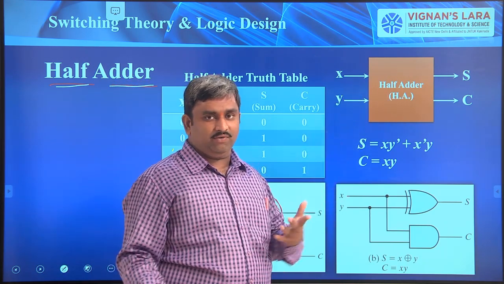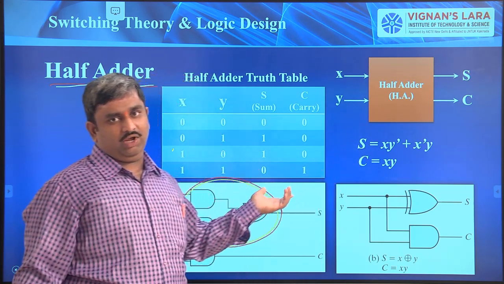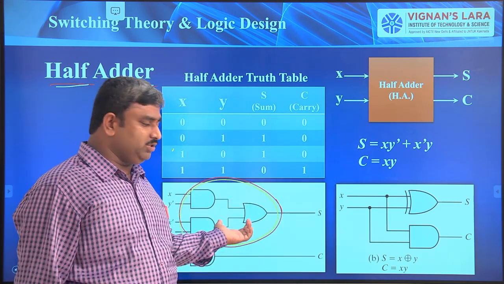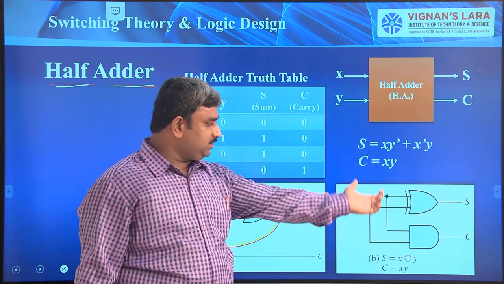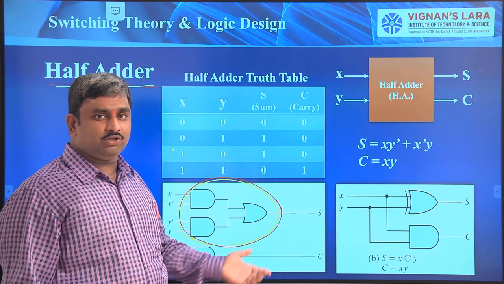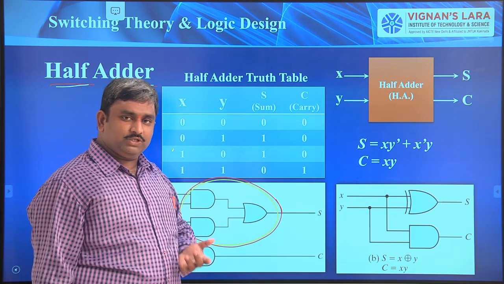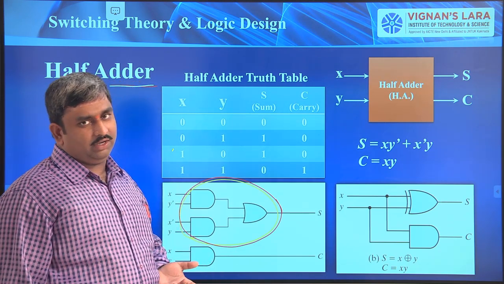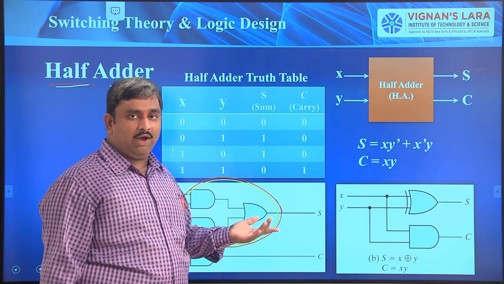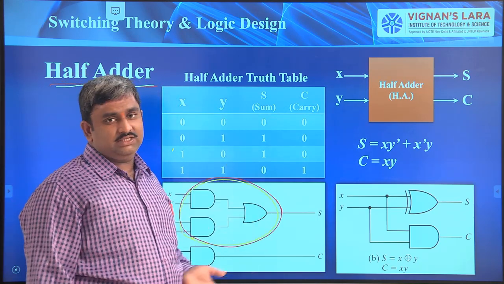In the half adder circuit we have different technologies, and in different technologies we have different internal diagrams. These two are examples, a third example you can implement by using NAND gates, and a fourth example you can implement by using NOR gates. That is completely up to you. You have to practice all these things. So this is the half adder.